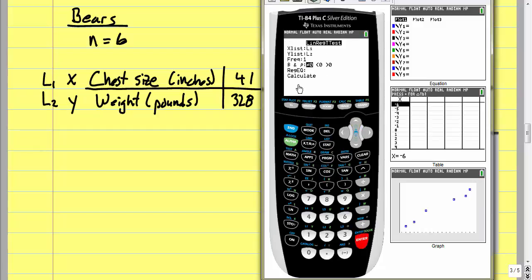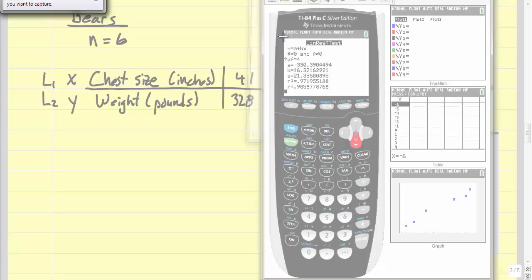So for our linear regression t-test, again, X-list is L1, Y-list is L2, frequency is 1. What I'm checking for is to see whether they're related or not. And this regression equation we'll talk about later, and I'll show you how to calculate that. For now, we're just looking for our value of R. Now the value of R, we have all this stuff going on here, but R is right down here if I scroll down. And we can see that that value of R is really big.